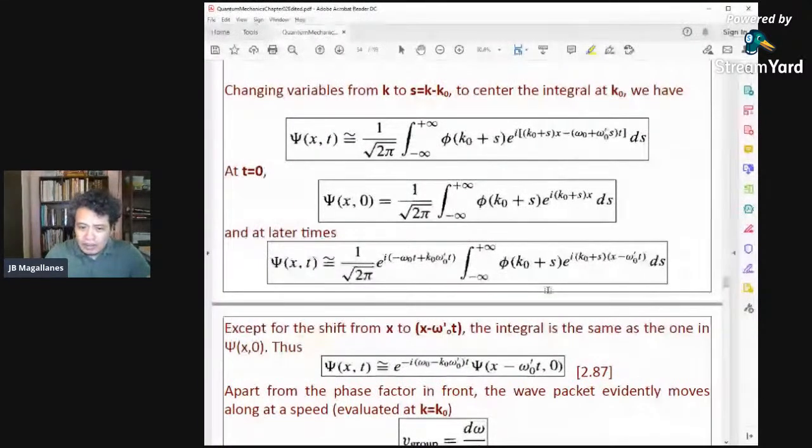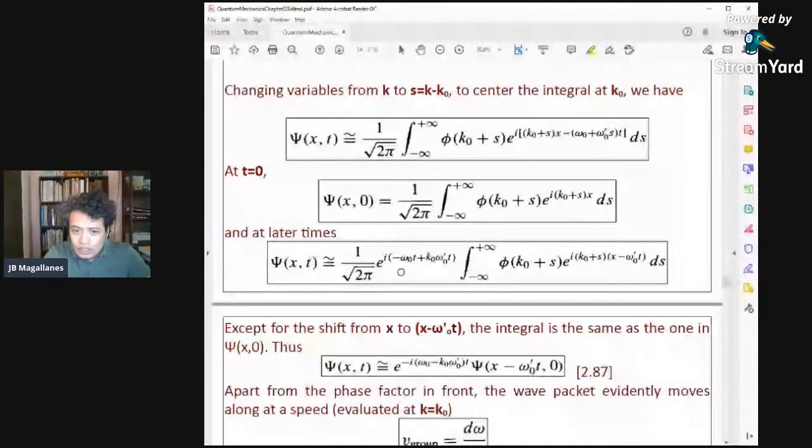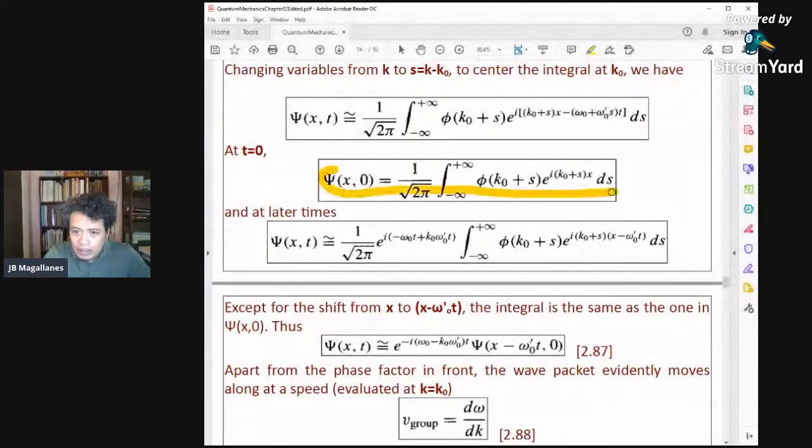So looking at this equation, this one just looks like this one here. Only that there's a difference between x and this one. But in general, the k0 plus s is equal. This one are equal, and the square root of pi is just the same.